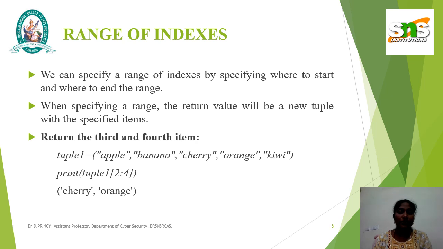For example, tuple 1 equal to apple, banana, cherry, orange, kiwi. It has 5 elements. I'm going to print a set of values from 2 to 4. 2 is the starting index and 4 is the ending index. 4 is not included. Whenever we specify the range, the ending index is not included; the result stops before the ending index.